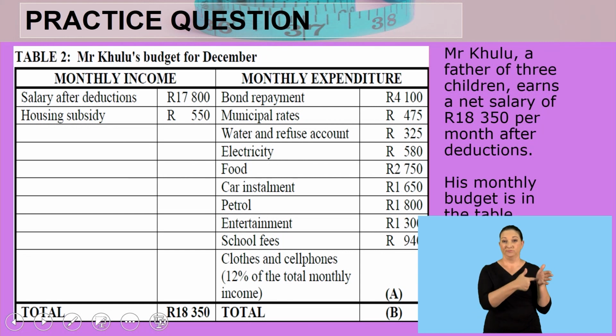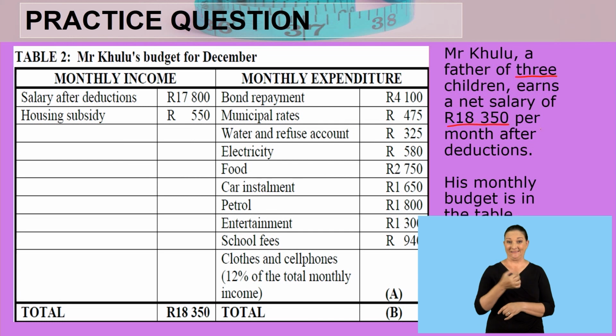Mr. Kulu, a father of 3 children, earns a net salary of 18,350 Rand per month after deductions. His monthly budget is in this table next to us. So looking at that, he earns a total right at the bottom, 18,350 Rand.